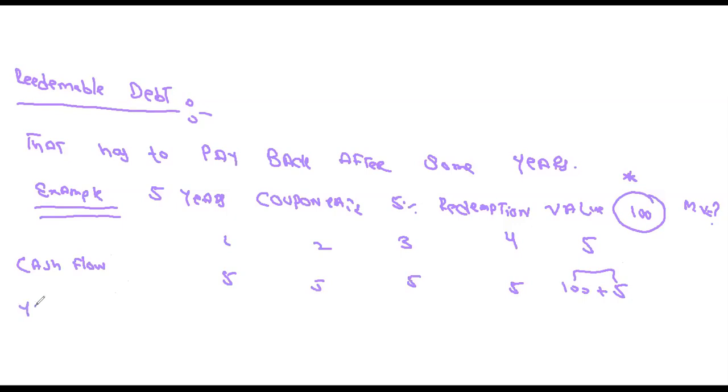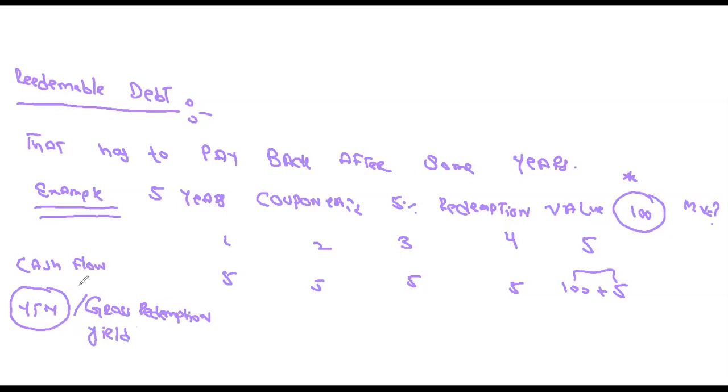It is YTM, yield to maturity, whose other name is gross redemption yield.